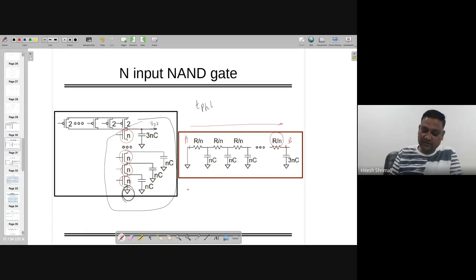it's actually R by N plus R by N plus R by N, and this is N times, so the equivalent resistance is R. However, if you want to look at the point A to 1, point A to 2, then it's R by N times NC, or you can say that this loop is going to give you RC, the other loop is going to give you more.